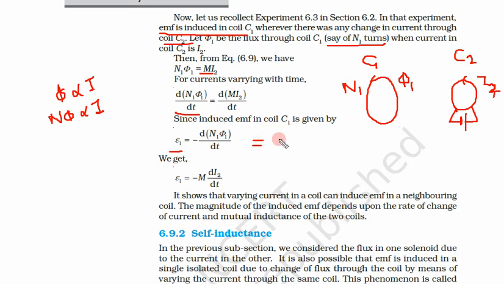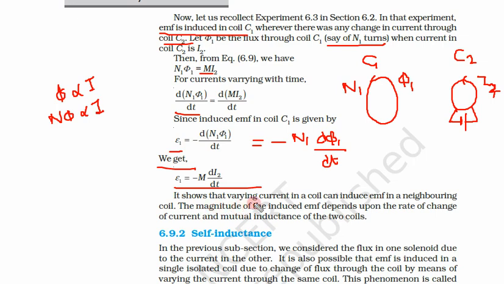So we get minus N1 d phi 1 upon dt. Since the number of turns in the coil is not changing, it comes out of the differential. From the other side, again M is also a constant, so we get epsilon 1 is equal to minus M dI2 upon dt.